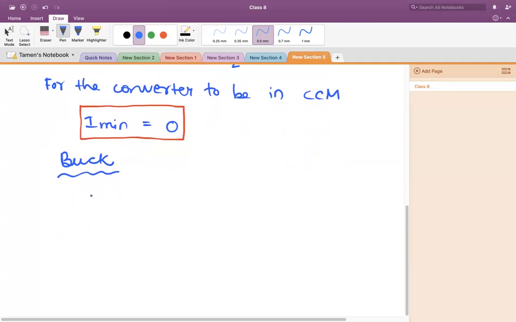If I consider the buck, I min is equal to IL, and IL will be equal to I naught for buck, the output current.